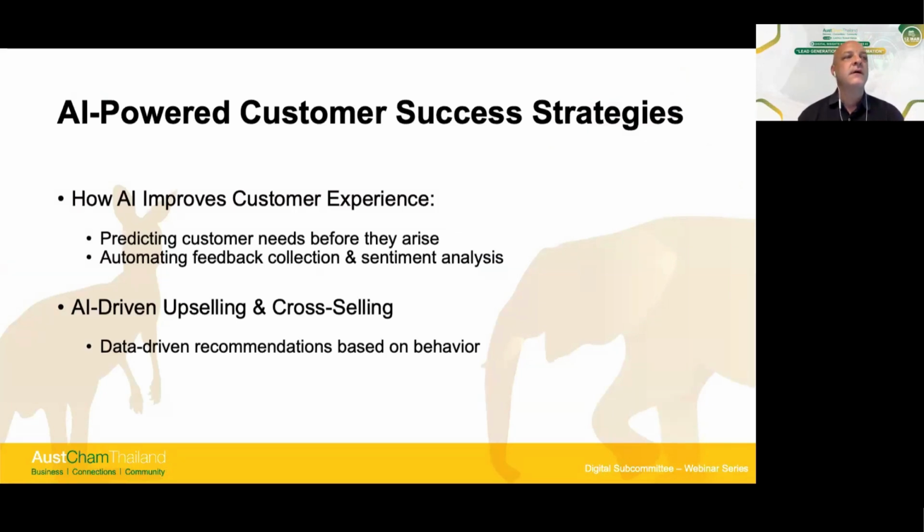So AI helps businesses retain customers by offering proactive support and upselling opportunities. So it can predict customer needs. Again, AI recommends products, for example, based on past purchases or pages that the visitor has visited on your website.